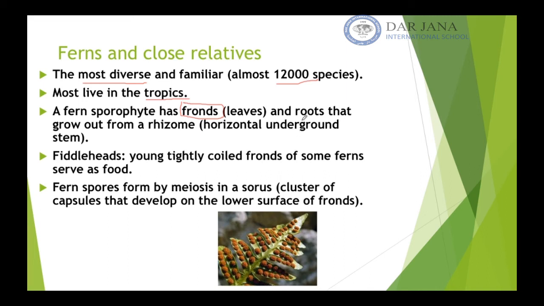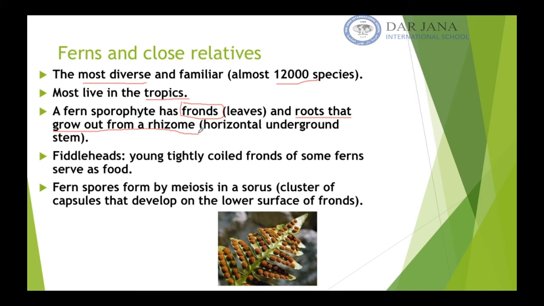They also have roots, and these roots grow out of a structure called a rhizome. A rhizome is a stem. It's a horizontal stem, and most of the time this rhizome is underground. We will see these in the figure in the next slide.